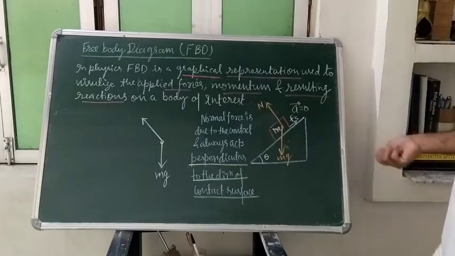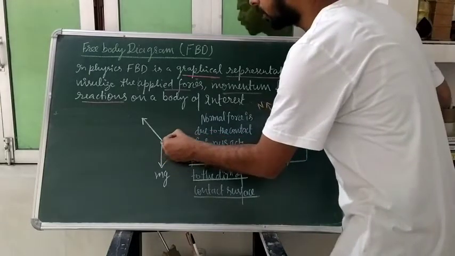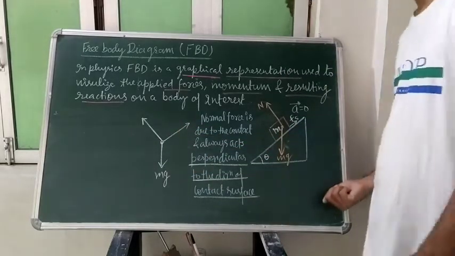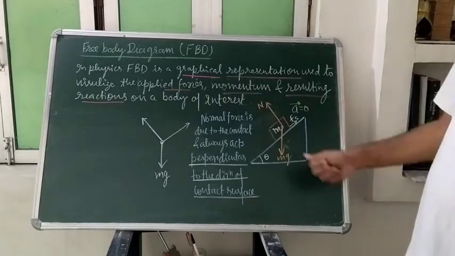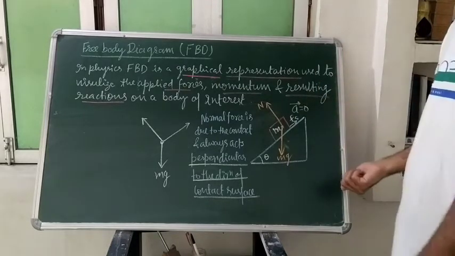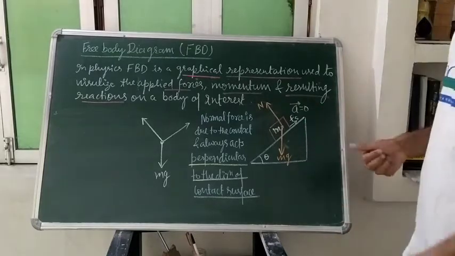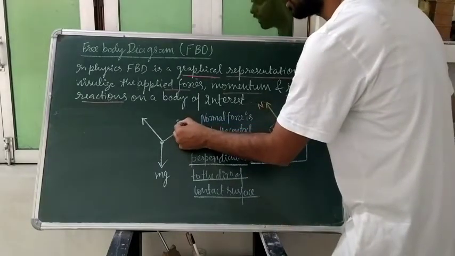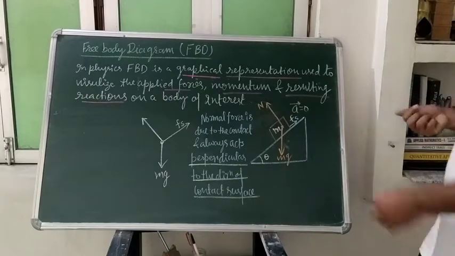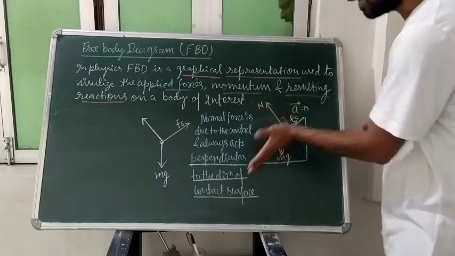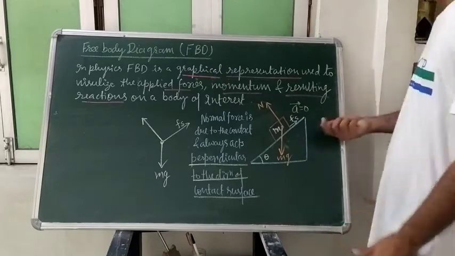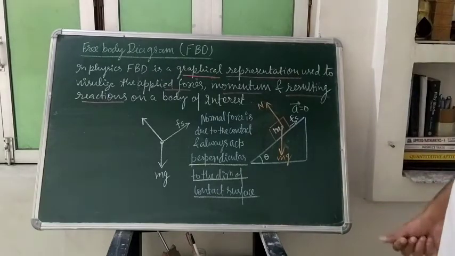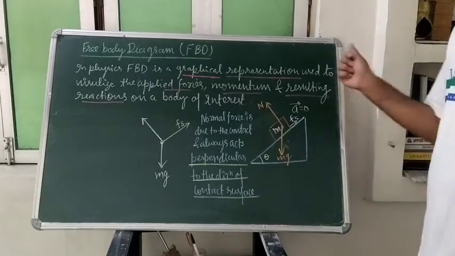Of course, we can say F of S for the time being, since we are not studying friction right now. We are in Newton's laws of motion, so I am not asking you to have friction here, but for the time being you can consider it, and I will discuss all this later. A kind of static friction, F of S, is acting in the opposite direction of the motion of the body, so it can slide in the downward direction, so friction will act in the upward direction. So only this much of the forces I think you can think of in your mind which can act on this block.